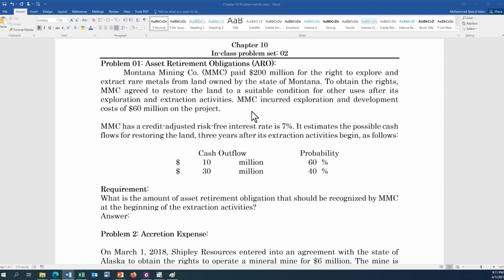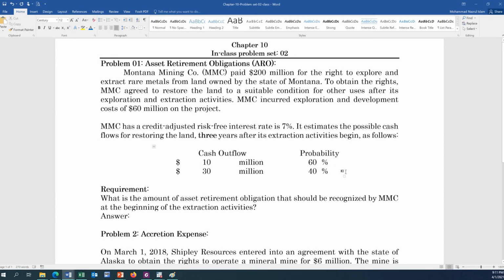MMC incurred exploration and development costs of $60 million on the project. MMC has a credit-adjusted risk-free interest rate of 7%. It estimates the possible cash flows for restoring the land, 3 years after its extraction activities begin.